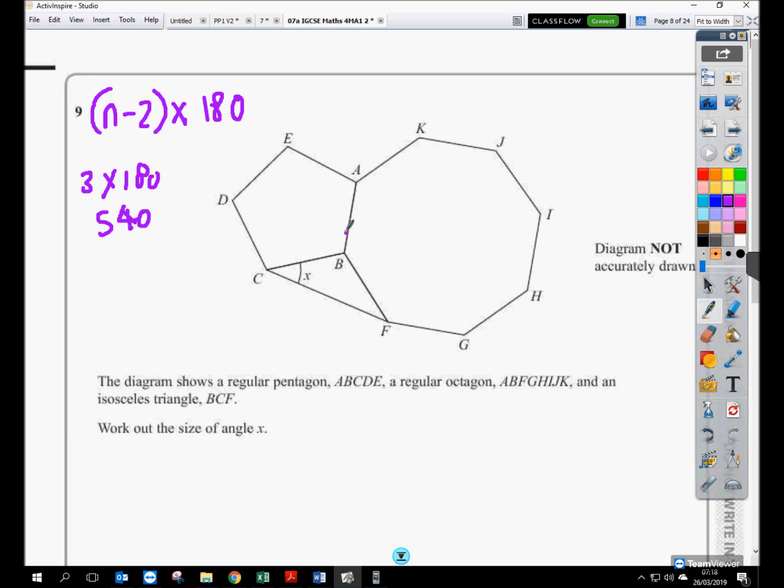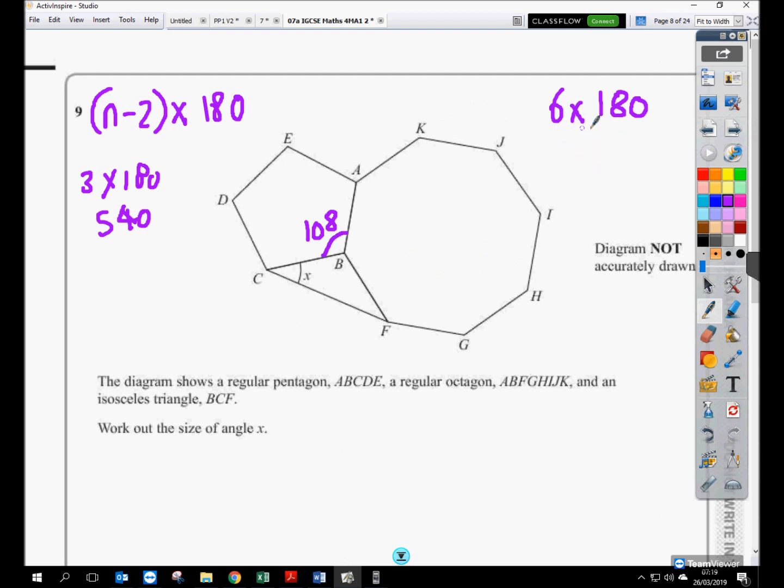If I want to work out one of the angles in the pentagon, I do 540 divided by 5, which is 108. Using a similar method for the octagon, n is 8. 8 take away 2 is 6, and 6 times 180 is 1080, and then I need to divide that by 8.